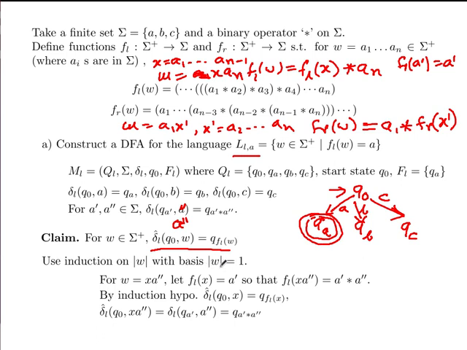So basis is length 1, because we are talking about non-empty strings, right? So the basis starts with the length being 1. So that means this W is either these three symbols, A or B or C, and I argued that it already holds. And then again, simply, as I said, this W is some X and then say A double prime. And by induction hypothesis, what do we have?